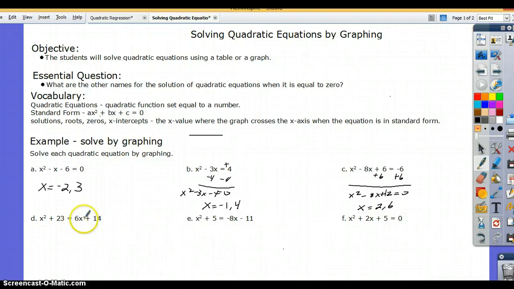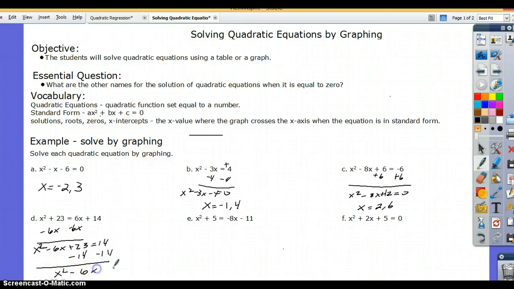Alright, sometimes we have an x and a constant term, and that's fine. We're still going to do the same thing we did over here. So that's positive, so minus 6x. So that's x squared minus 6x plus 23 equals 14. Then we're going to subtract the 14. And we end up getting x squared minus 6x plus 9 equals 0.